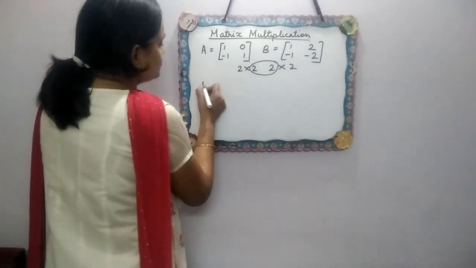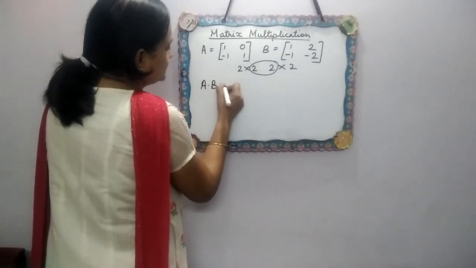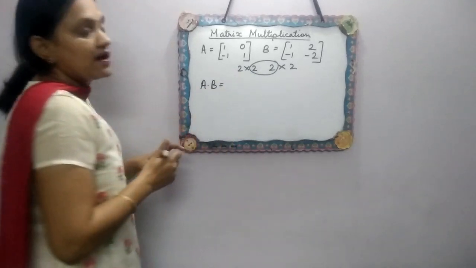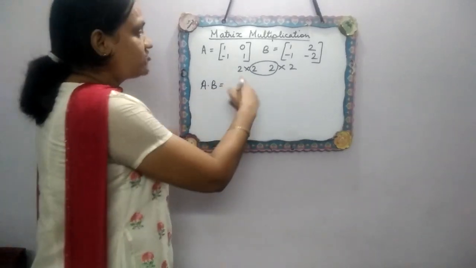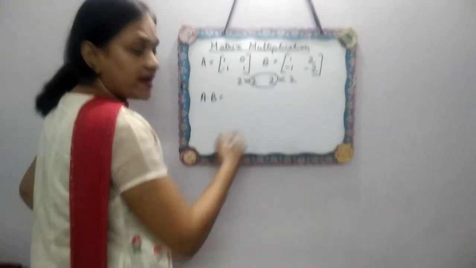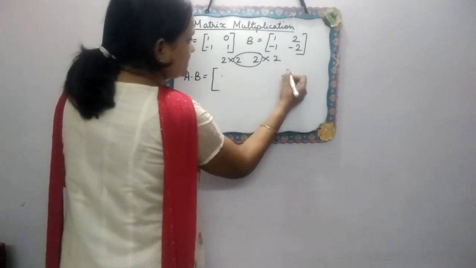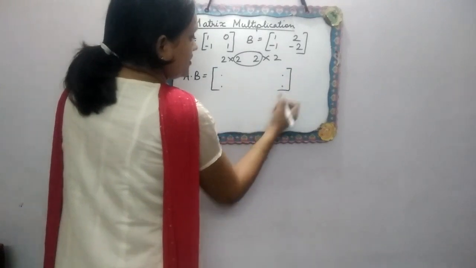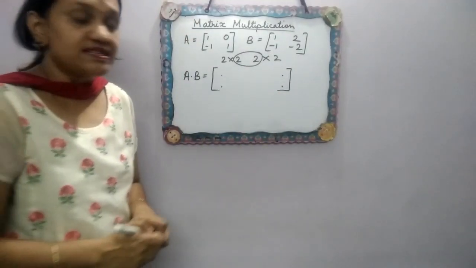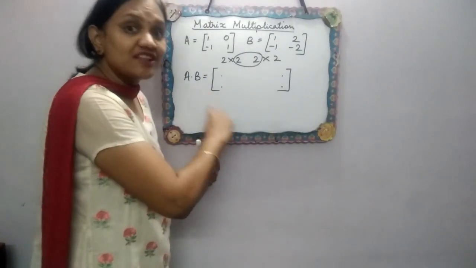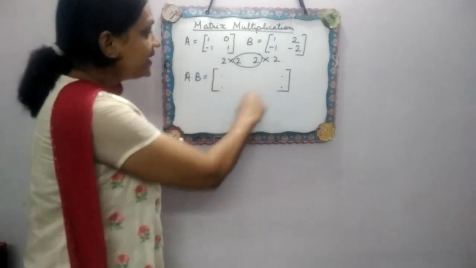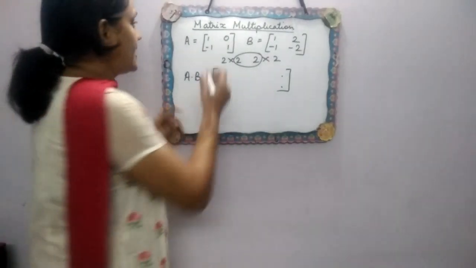Let's learn how to calculate A into B. Now, the answer matrix over here will have order 2 by 2. So, let's make blanks in the places where we should have entries. We should have 2 rows and 2 columns. So, I have made blanks. Now, how to multiply?